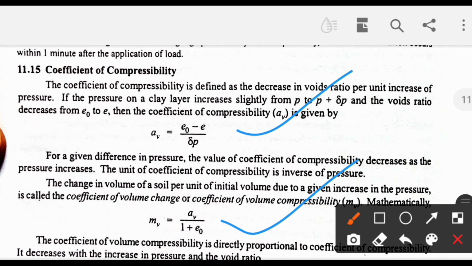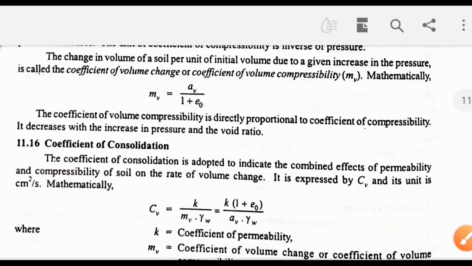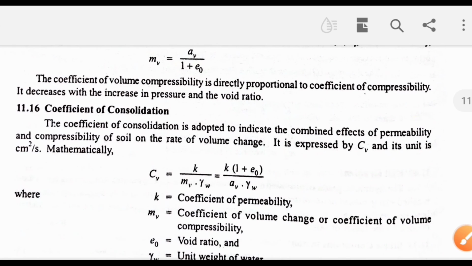It is very, very important. The coefficient of volume compressibility is directly proportional to coefficient of compressibility. It decreases with the increase in pressure and the void ratio.